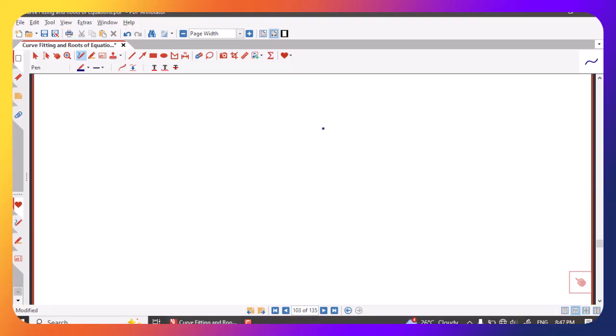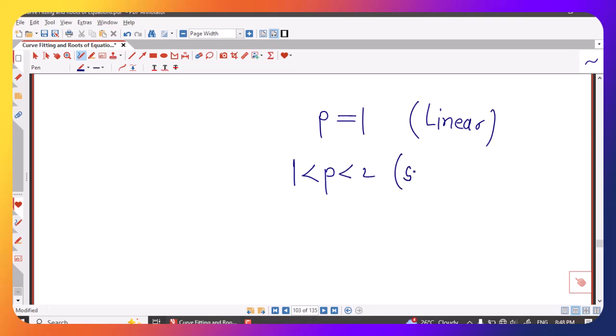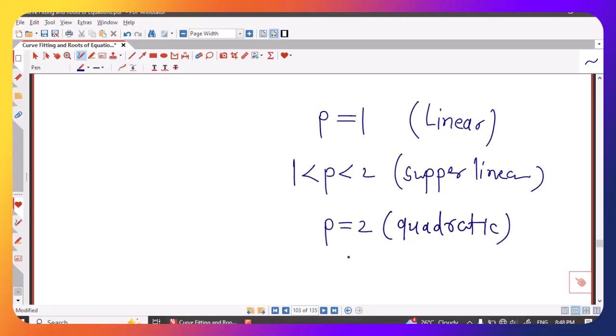If the order of convergence is large, then we will get faster convergence, and the number of iterations will be fewer. Suppose the order of convergence is equal to 1, then we say the convergence is linear. If the order of convergence is between 1 and 2 and not equal to 2, then the convergence is superlinear. If p equal to 2, we have quadratic convergence.